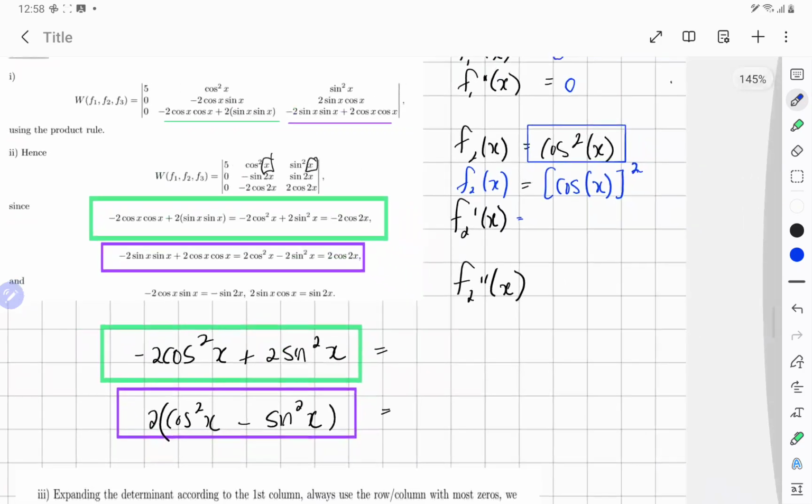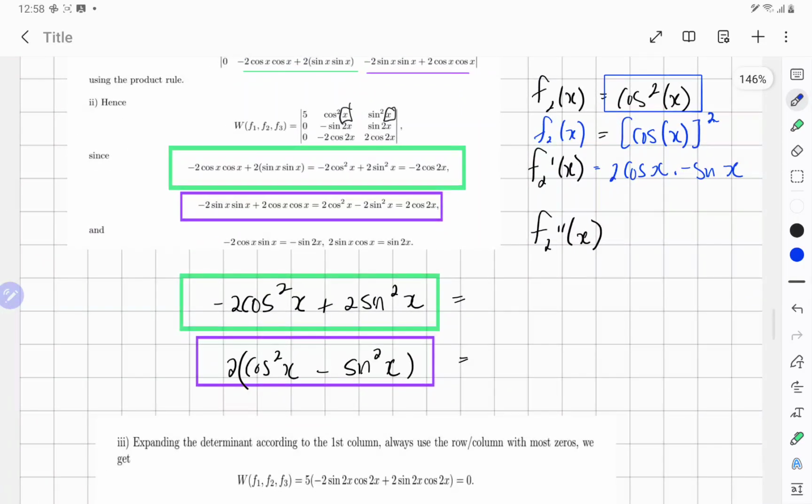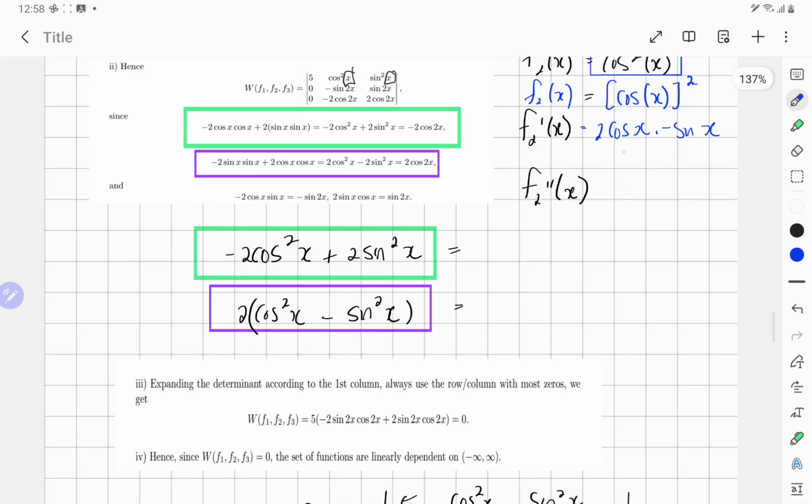Now we're going to do the first derivative, which is the chain rule. So it's 2 cos x, derivative of cos is negative sine x. Very important. So that is our first derivative. Okay, now we're going to do our second derivative.